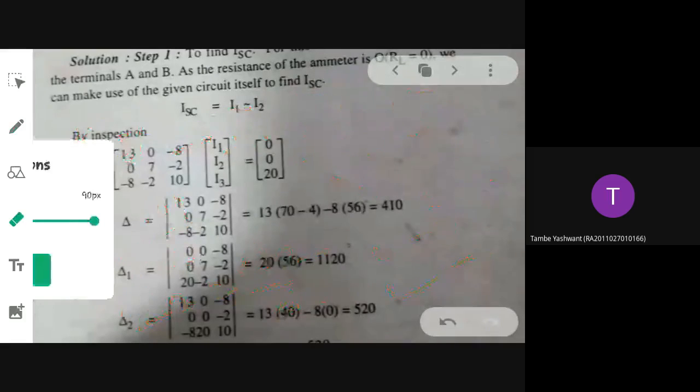Okay, let's check. What is the current that you told us? 1.47 ampere. I1 is 2.73 and I2 is 1.26. Check your answers with the answers shown in the slide. Mine was 1.47 ampere ISC. Are you getting this answer? 1.4634.